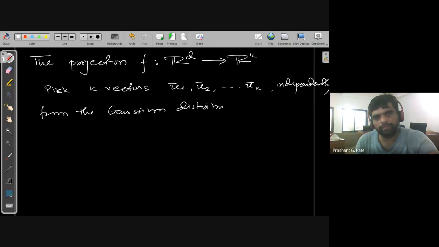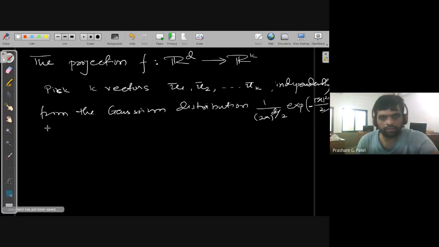So we have to pick these k points from the Gaussian distribution, that is 1 upon (2 pi) raised to d by 2, with mean 0 and variance 1, e raised to minus mod of x bar squared by 2.